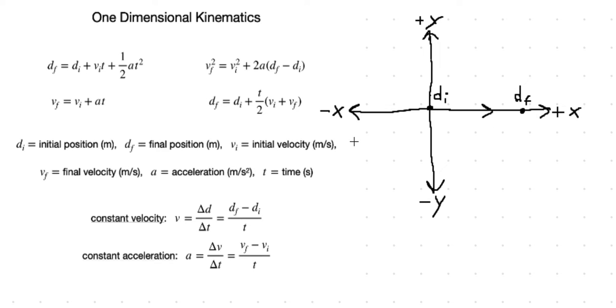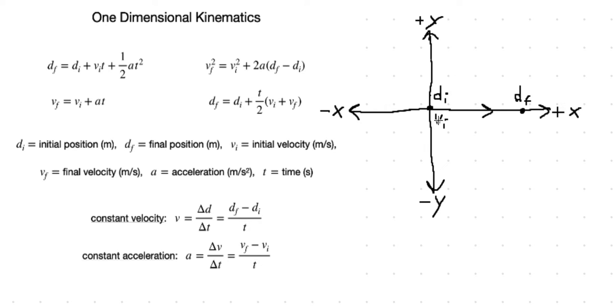Now we also have the initial velocity and the final velocity. Velocity is just a speed, okay? It's how fast something's going. So initial velocity is the speed that the object is going at its initial position. So at this point here, we have a vi. It's an initial speed.